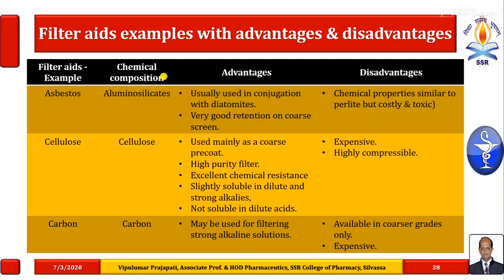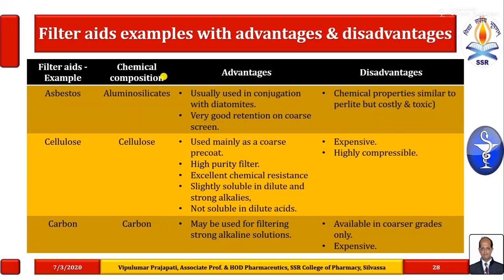Cellulose is used mainly as a coarse precoat, high purity filter. It has excellent chemical resistance, slightly soluble in dilute and strong alkalis, not soluble in dilute acids. But some disadvantages are there. It is expensive and highly compressible.